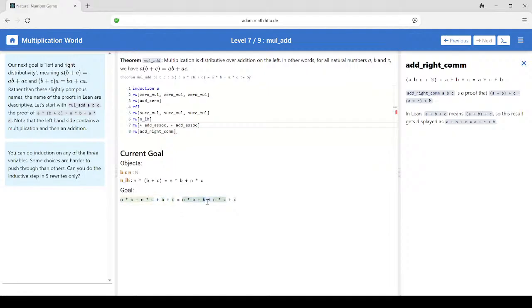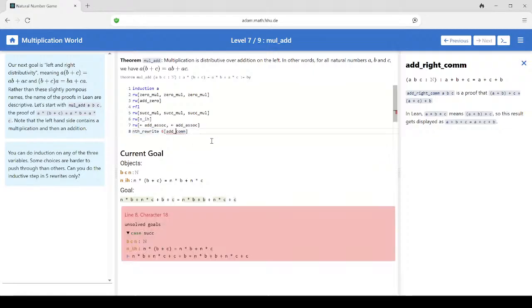No, b, c, b, c. That's actually not something I wanted to do. Hang on, back to this. There's just a certain order. I think we're well beyond 5 rewrites at this point. Obviously.